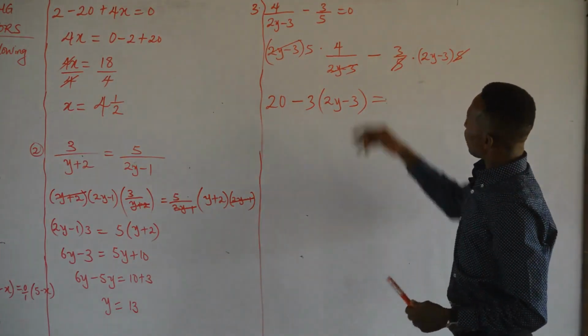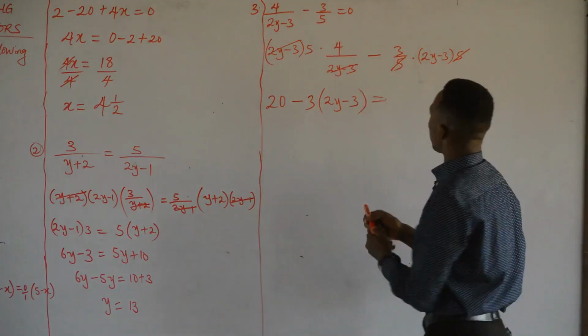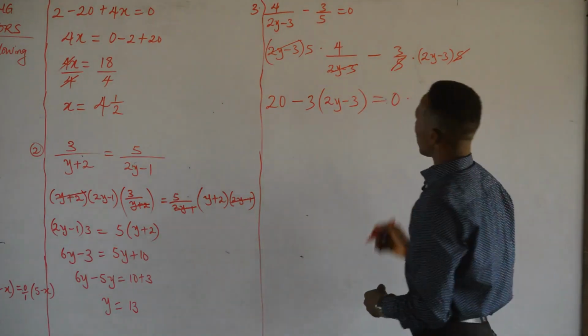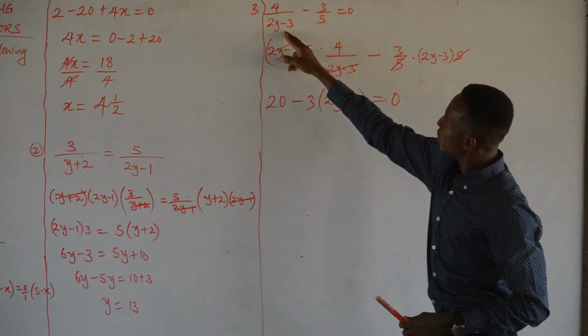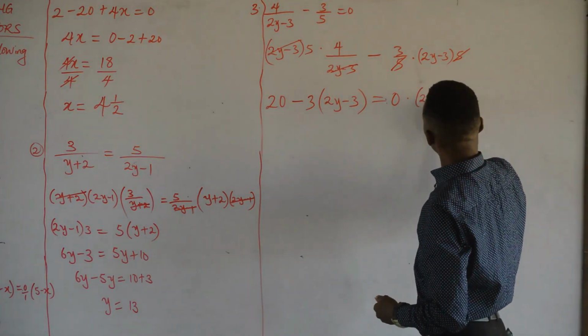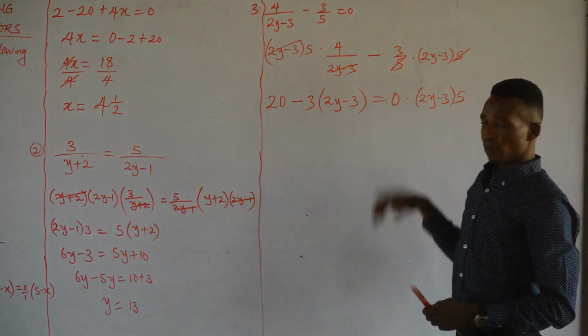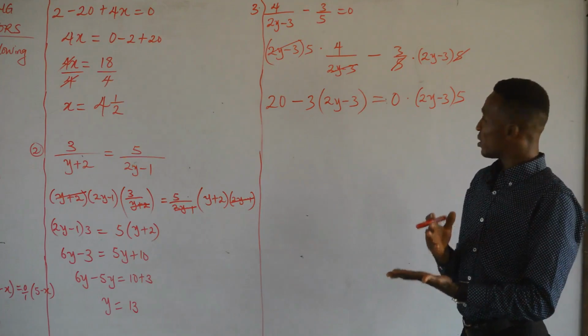Equals to, now what I have on the right hand side here is 0. I'm also multiplying the 0 by the LCM, which is 2y minus 3 into bracket 5. Now whatever you multiply by 0 automatically gives you 0.